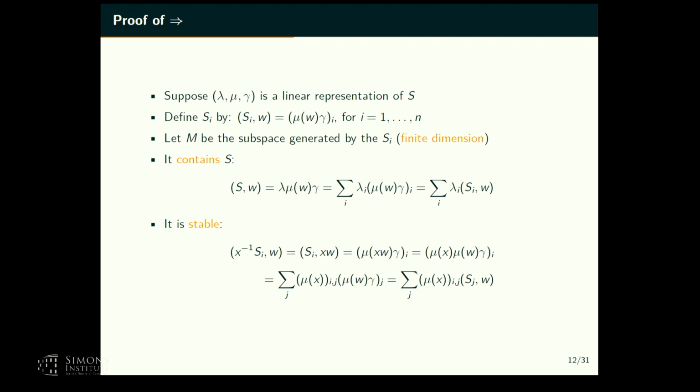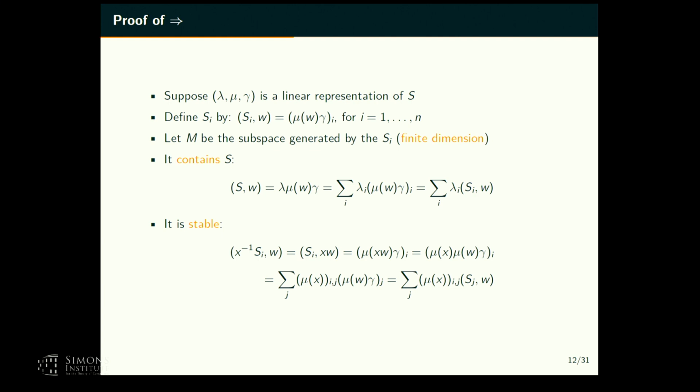So suppose it's recognizable, so you have a linear representation. Then you start by defining the generator set that you want for your finite dimensional stable subset that contains S. It'll just be defined in this way so that it's clear that S is a linear combination. You remember the coefficient of a word for S had to be given by this matrix product.